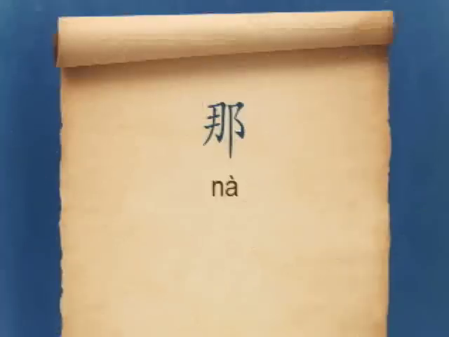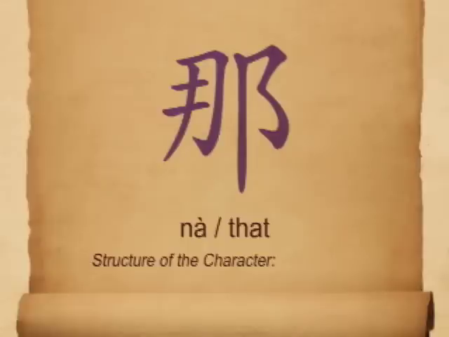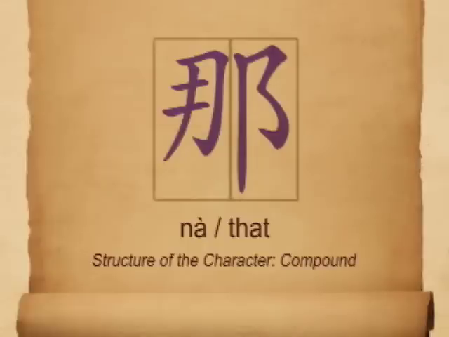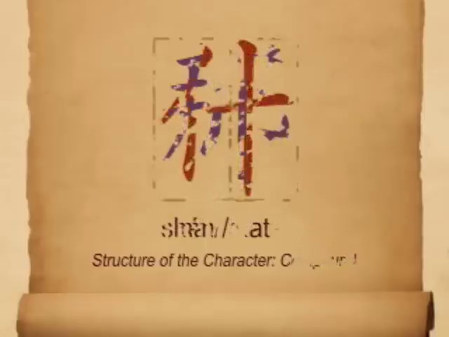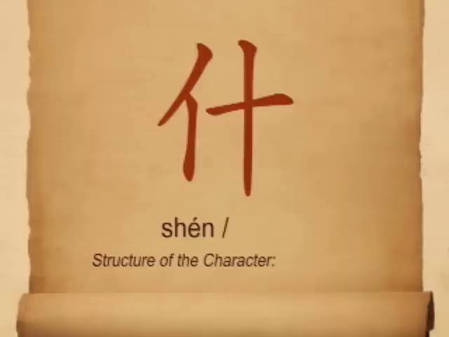Next, here is 那. What does it mean? It means that. What type of structure would you say it has? Yes, compound. Which tone is used to say 那? Fourth is correct. 非常好. 什么 also has parts on the left and right.